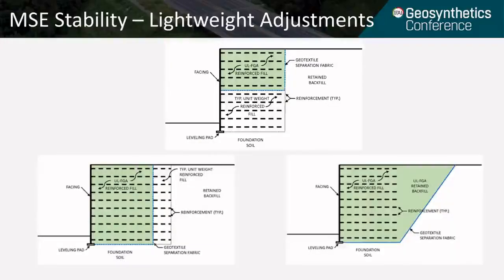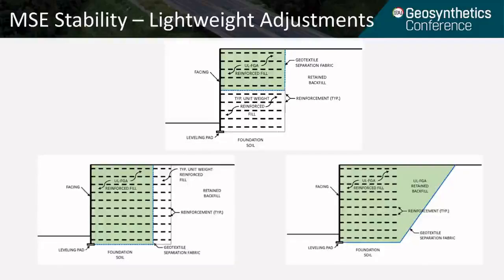Occasionally, the setup that I just showed you on the previous slide may lead to issues satisfying internal or external stability factor of safety requirements. And so 3 potential adjustments that can be made to the MSE wall are shown on this slide. The top figure shows you a combination of both foam glass aggregate as well as typical unit weight reinforced fill.